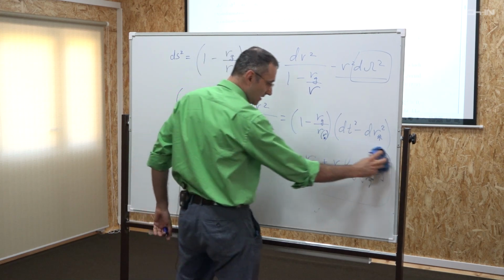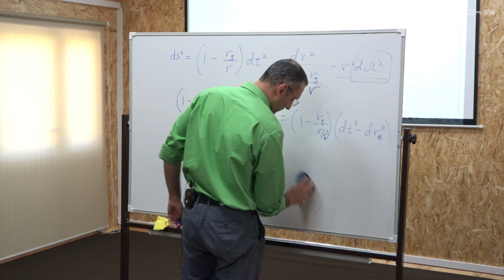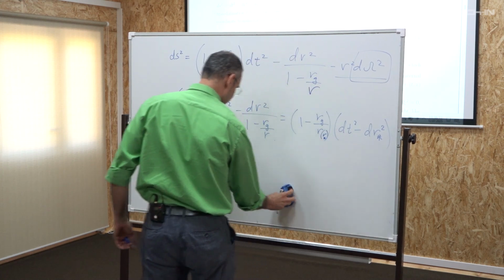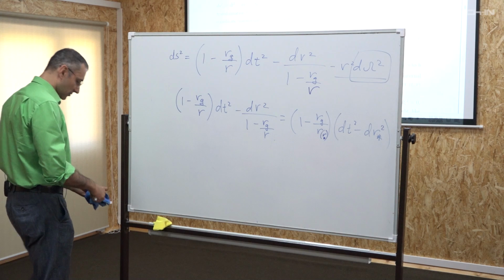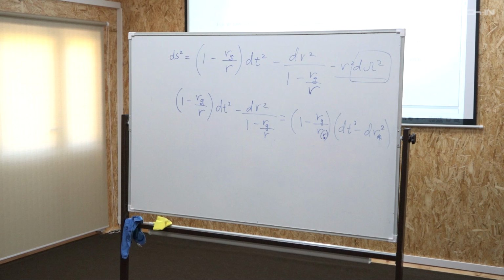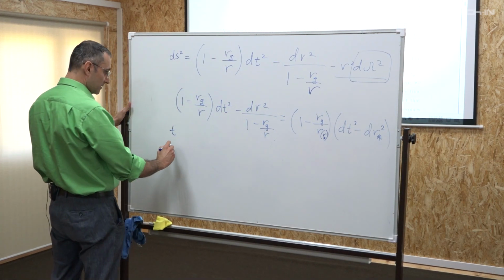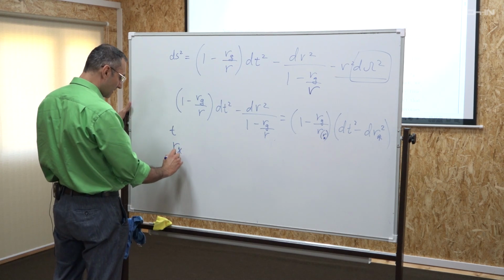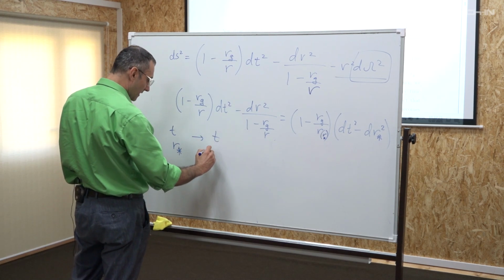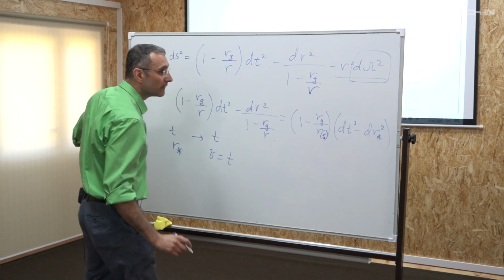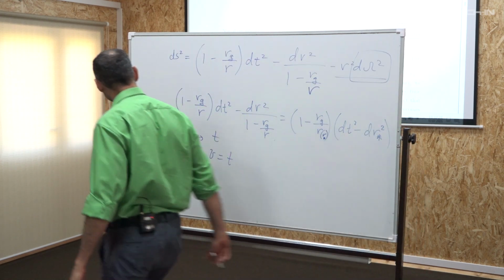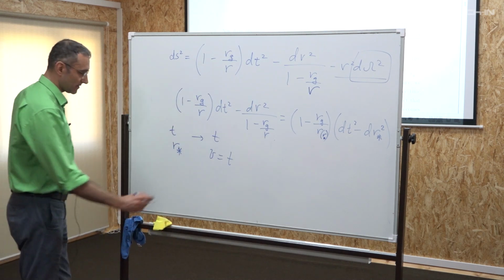Okay. But then you can choose the following transformation. It's called Eddington-Finkelstein coordinates. So I make the following coordinate change. From T and R star, I transform to T and V, which is T plus R star.